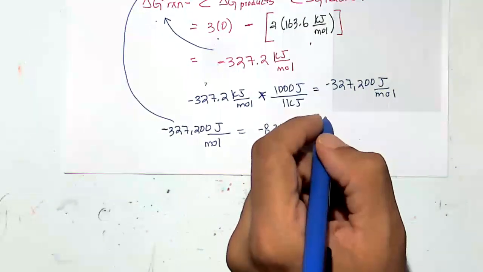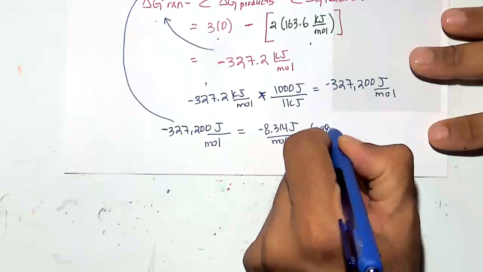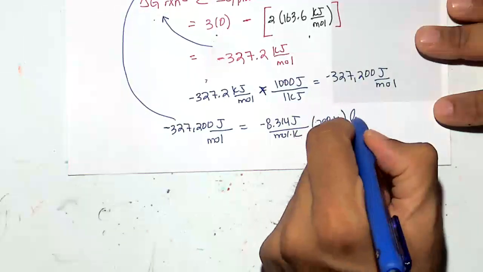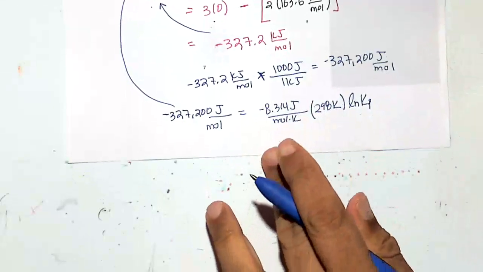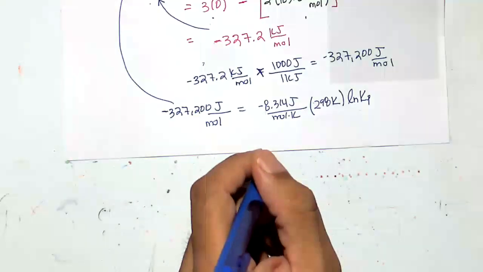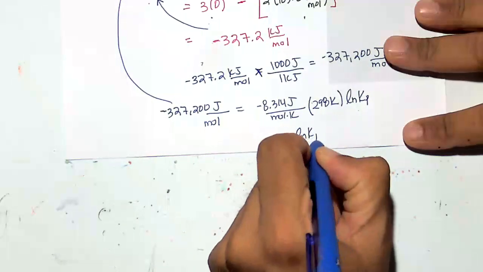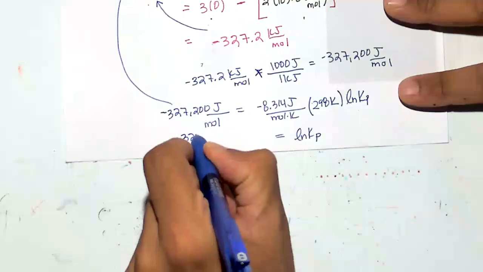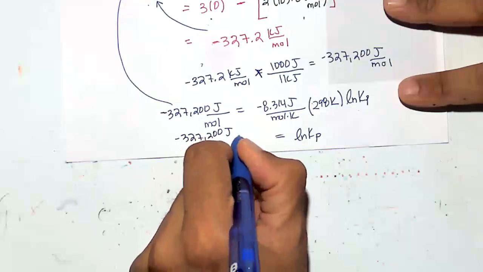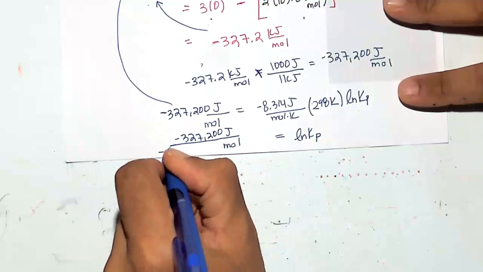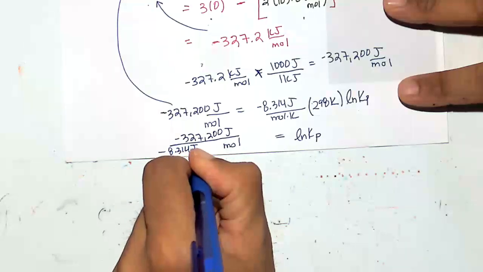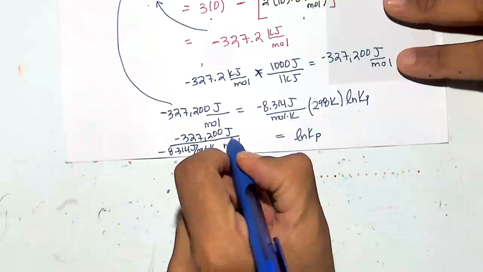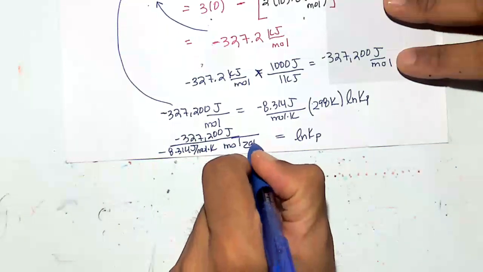And then natural log of Kp. All right, so natural log of Kp is, but I want you to use the calculator, make sure I did it right, is minus 327,200 joules over mole divided by 8.314 joules over mole Kelvin, and then 298 also gets divided in there.